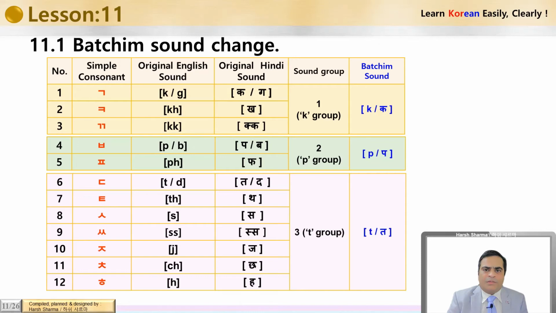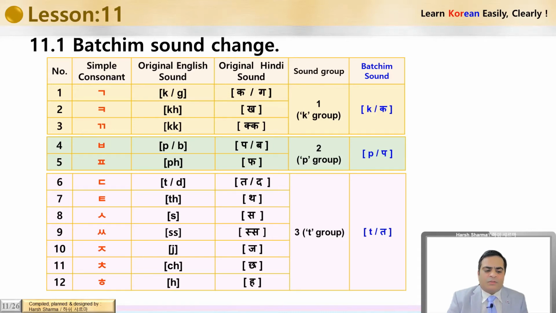So we have completed two groups. Coming to the third group, from number 6 to number 12, there are 7 consonants and we have to memorize them. First is the K family, second is the P family, and the third is the Ta family or T family.